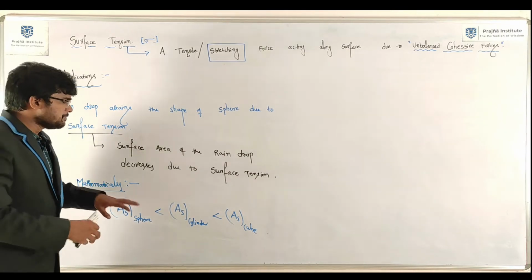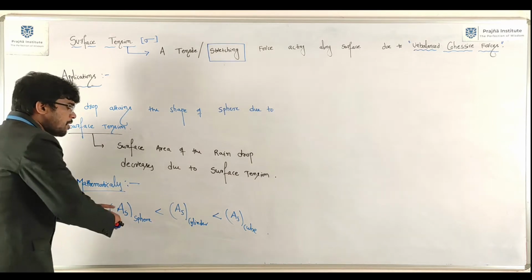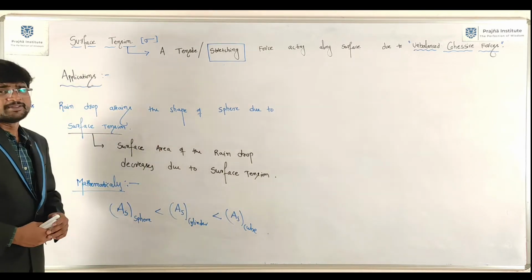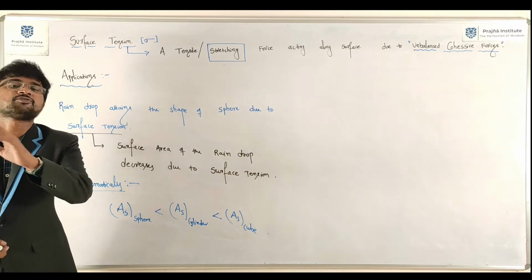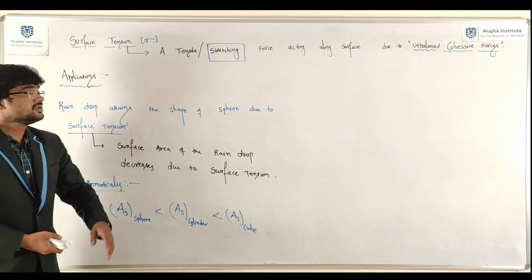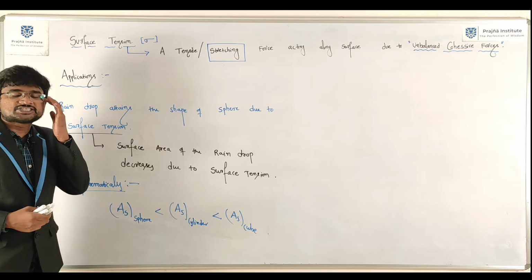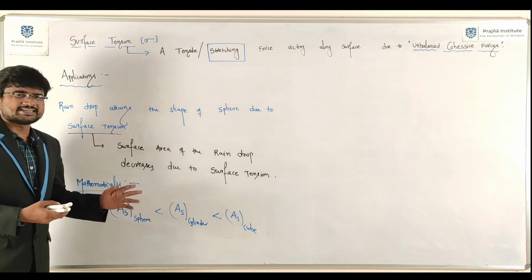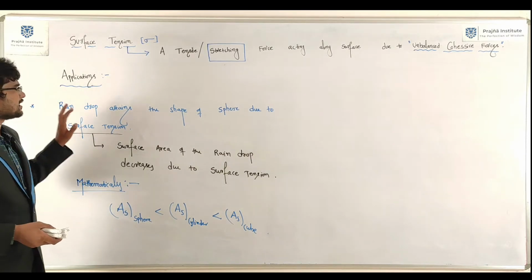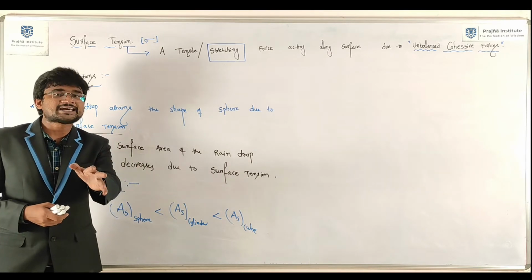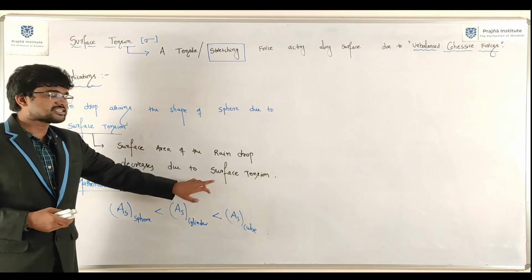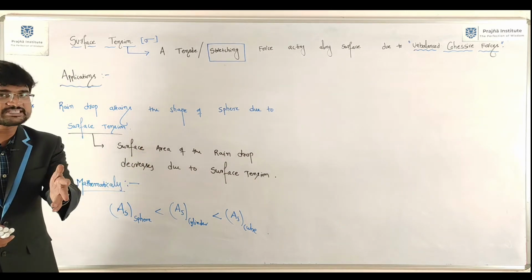Mathematically, among these three shapes, the sphere has the minimum surface area. That is why raindrops attain the shape of a sphere. It is very simple. Generally, raindrops are in spherical shape. What is the reason for the spherical shape? Surface tension decreases the surface area.